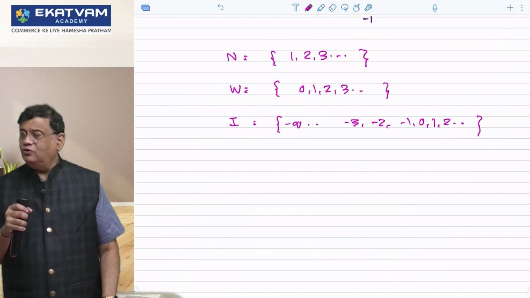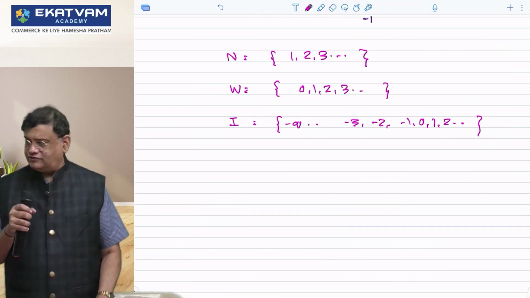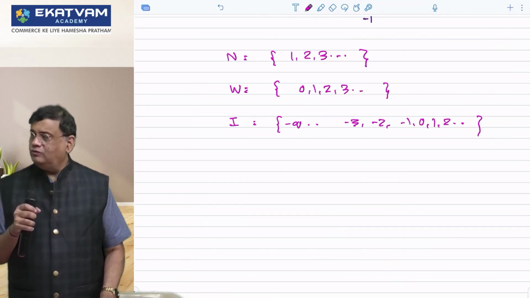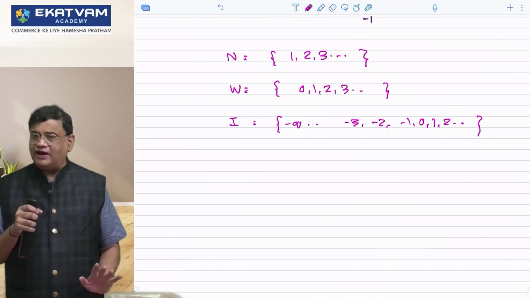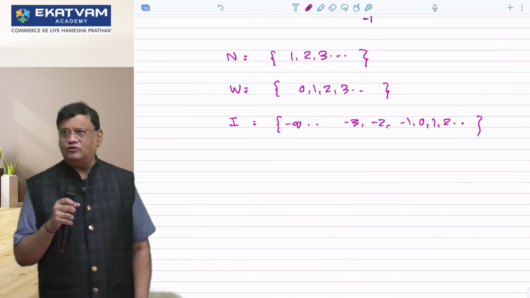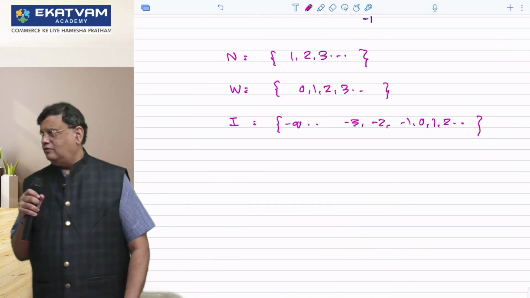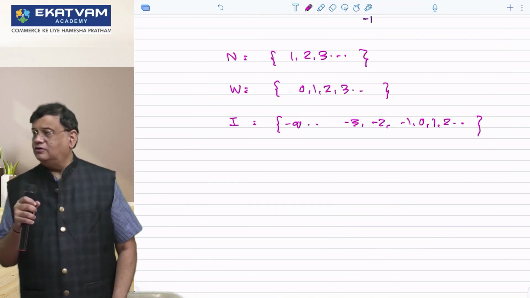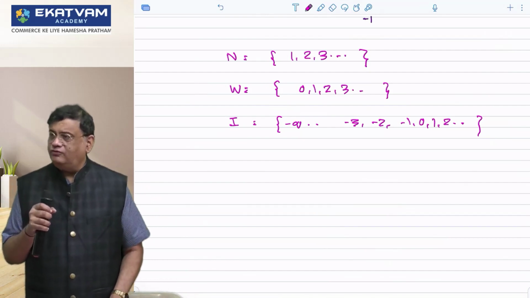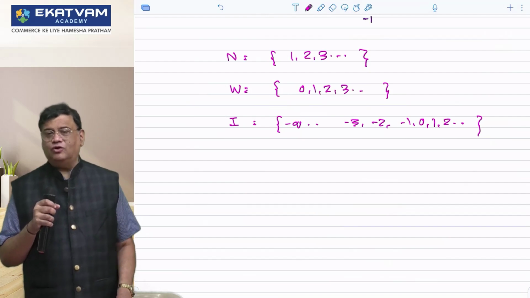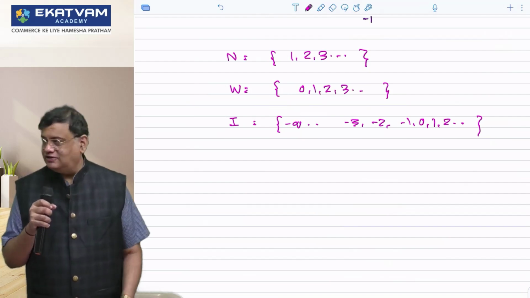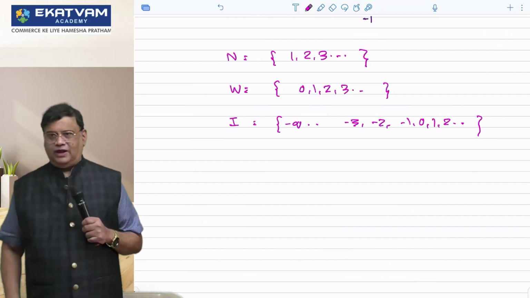And therefore you get these fractions. 1 by 2, 1 by 3, 1 by 4. When these fractions are inscribed into the set of integers, you get what are called the set of rational numbers. हे कळा का तुमको?